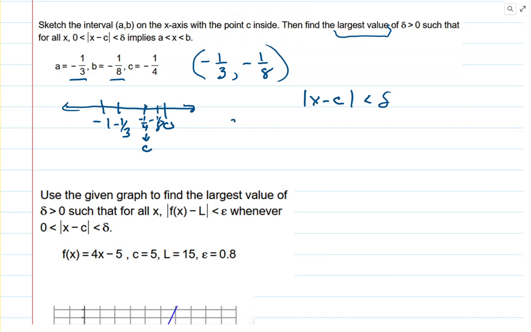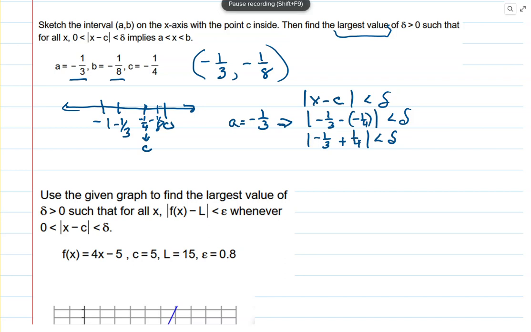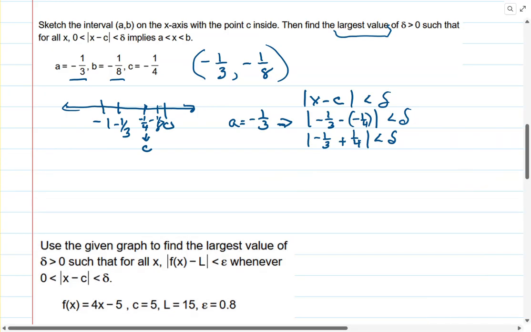So now we're going to do our a equals negative 1/3. All right, so I'm going to have two negatives make a positive. I need a what to solve it? Mathematicians, what do I need?